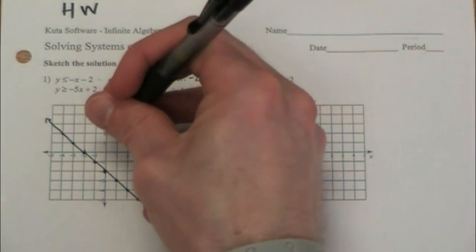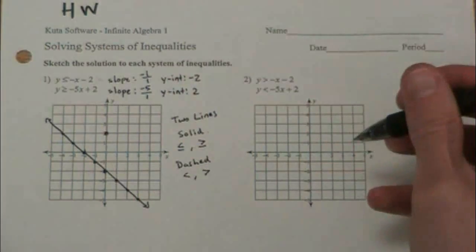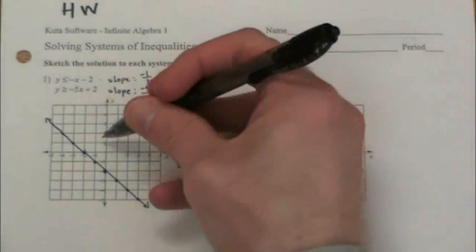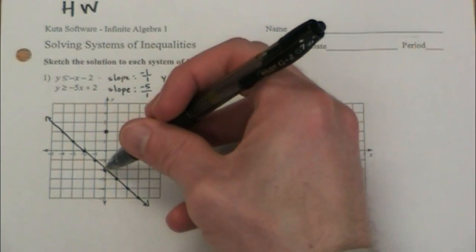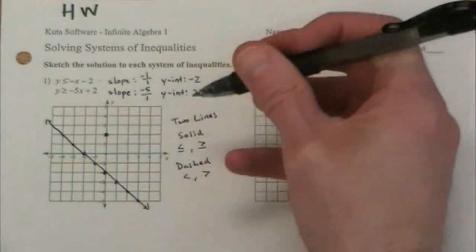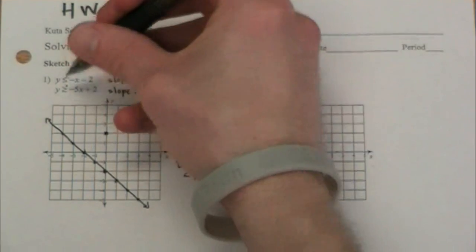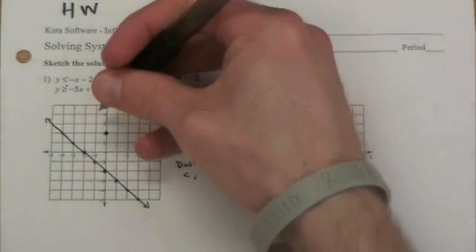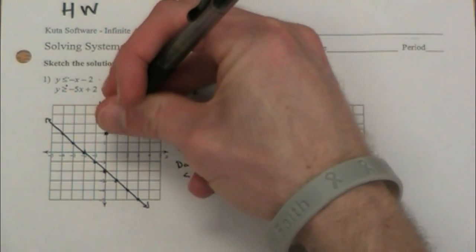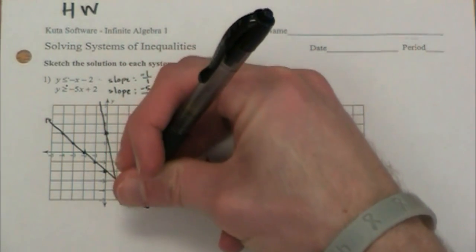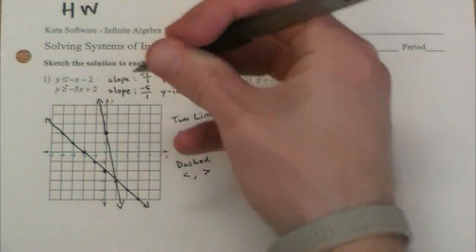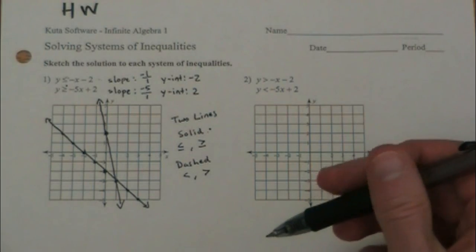Okay, we're going to plot it at 2 on the y-axis. We're going to go down 5, 1, 2, 3, 4, 5, right 1. And again, we're going to now make a solid line because it is greater than or equal to. Draw my line here. And there's my two lines.